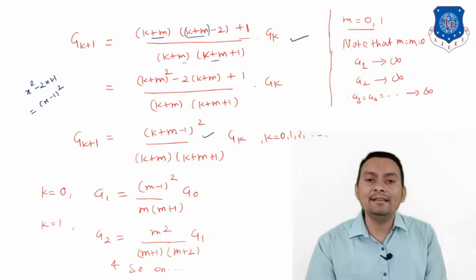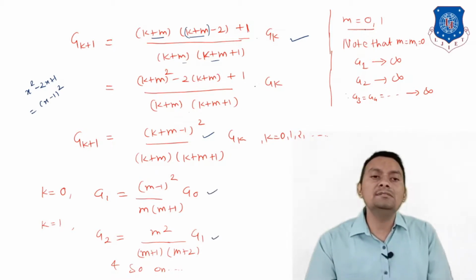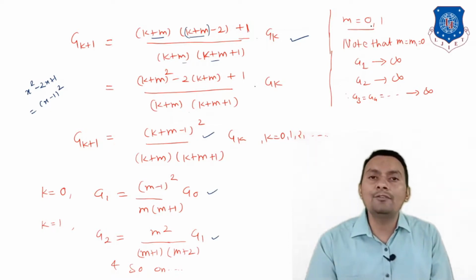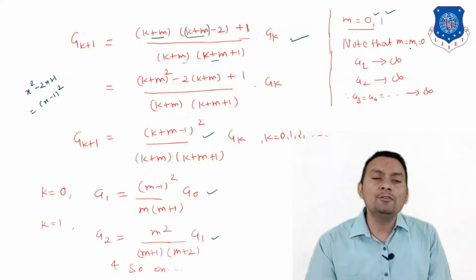When I take k equal to 0, I will get this one, and k equal to 1, I will get this one. But we can observe that we should focus on m equal to 0 and 1, so let us focus on the smaller value, m1 equal to 0. Just look here, the denominator is going to be 0, and therefore it tends to infinity.